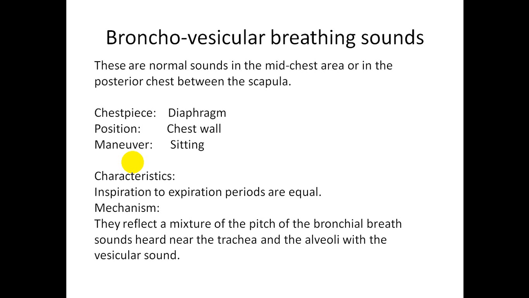Its inspiration to expiration periods are equal. As we said, inspiration to expiration in the vesicular is 3:1, while it is the reverse in the bronchial. Here it's equal. Mechanism: they reflect a mixture of the pitch of bronchial breath sound near the trachea and the vesicular breathing sound from the alveoli. So we can hear the broncho-vesicular breathing sound.